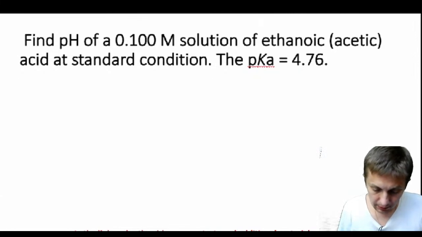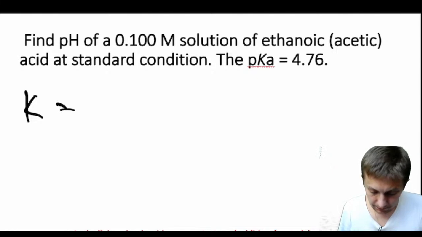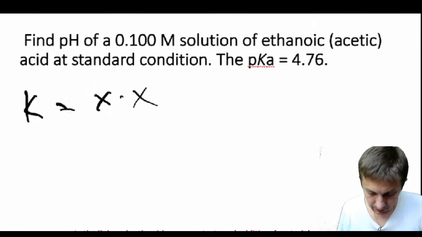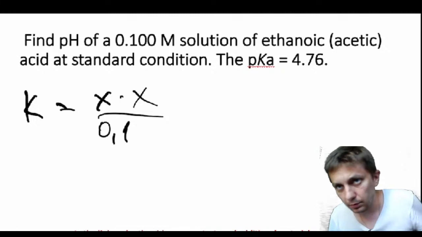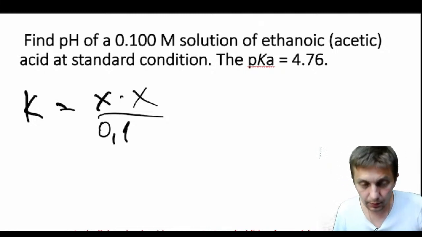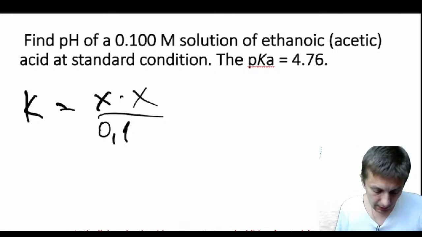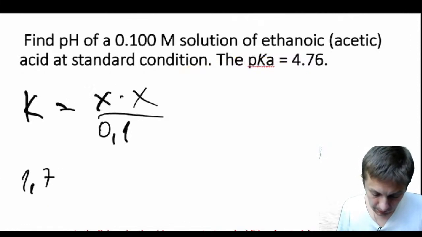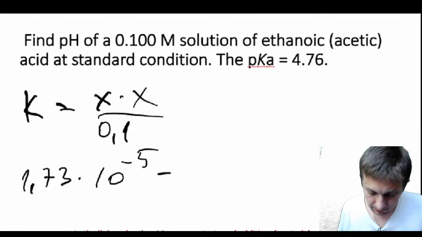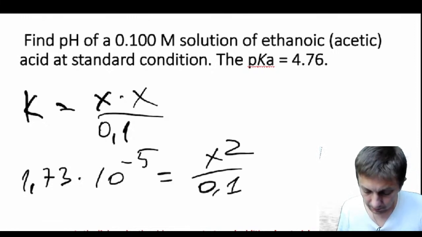So the constant is X times X divided by 0.1 minus X, which is almost 0.1, so we can simplify. And the equilibrium constant, as we mentioned before, is 1.73 times 10 to the power minus 5. So 1.73 times 10 to the power minus 5 equals X squared divided by 0.1.